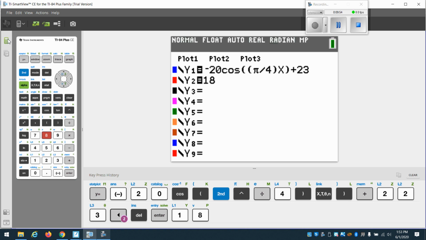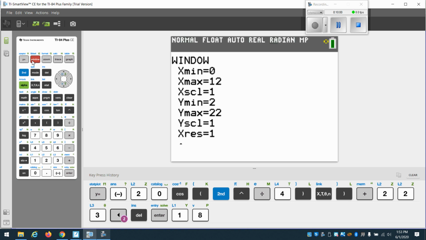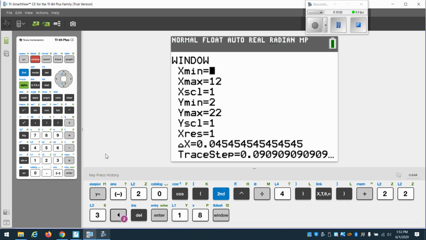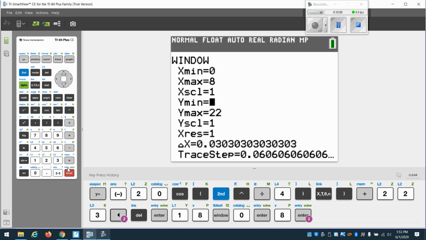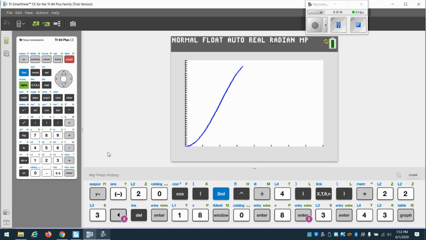Okay, before you graph anything, you have to adjust your window. Well, your window is what you graphed already. So your x values is how many minutes? So 0, 8. Your y values is your height. Your minimum height was 3. Your maximum height is 43. And then hit graph.